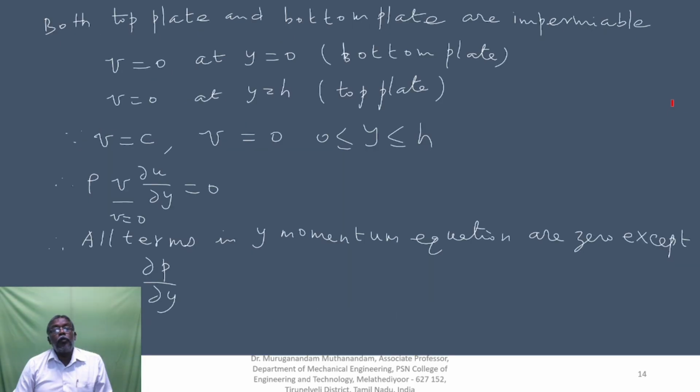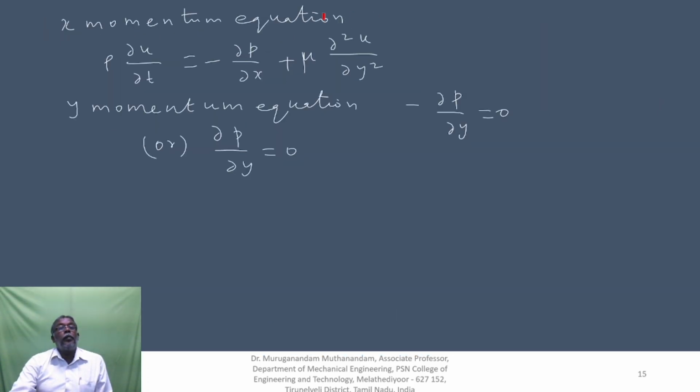So this is the reduced form of the x momentum equation for the given fluid flow problem. The given fluid flow problem is the fluid flow between two infinite plates, where one of the plates is stationary and another plate is moving with a finite velocity.